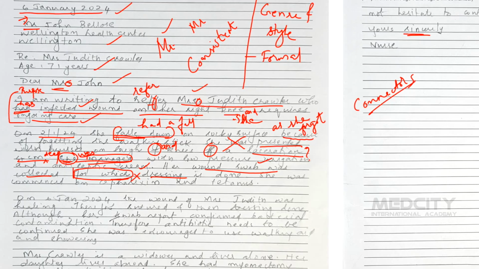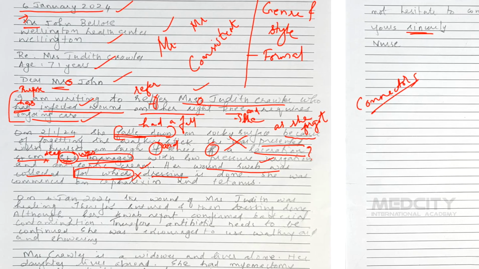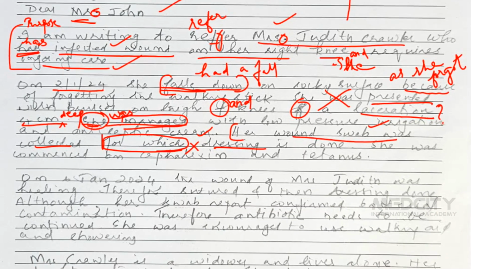So it is not necessary there. And moreover, this wound swab collection should have been written first, before you have written regarding this irrigation. The candidate who has written this could have written this wound swab collection first and then talked about irrigation.